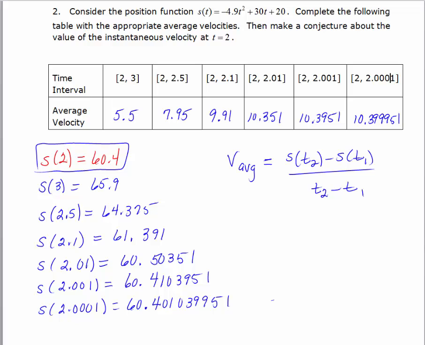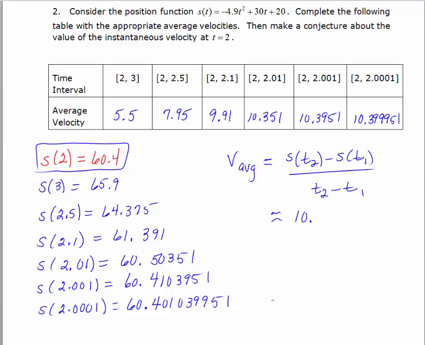And you can see initially when I set up this table, I actually stopped at the interval 2 to 2.001, and I wasn't confident in the value that I was approaching in the actual limit. And so I added another interval, 2 to 2.0001, and then I could see here that I am actually approaching approximately 10.4.